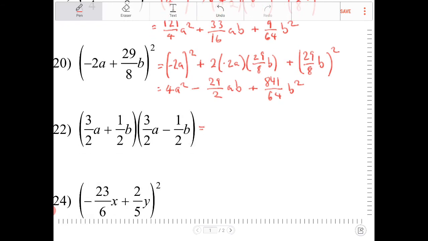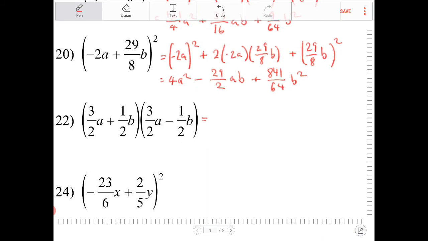Okay, next, I noticed that there's a difference in operation. So immediately this is going to be a difference of squares. So I know that this is going to be (3/2 a) squared minus (1/2 b) quantity squared. So this is going to turn into 9/4 a squared minus 1/4 b squared.